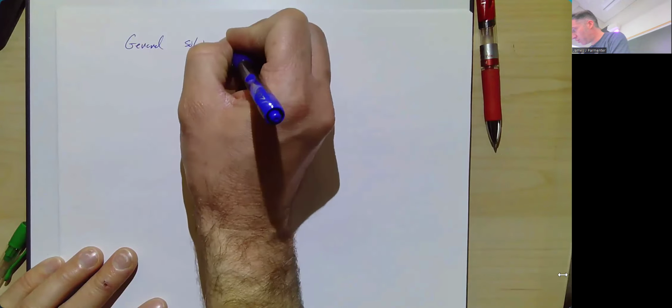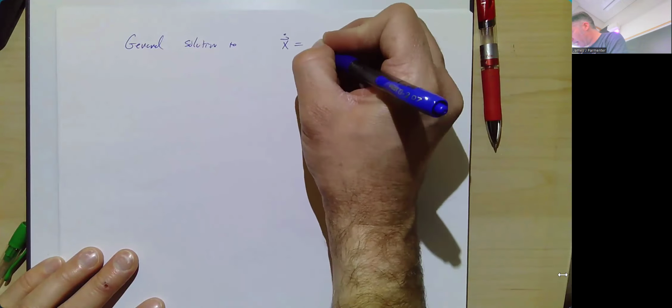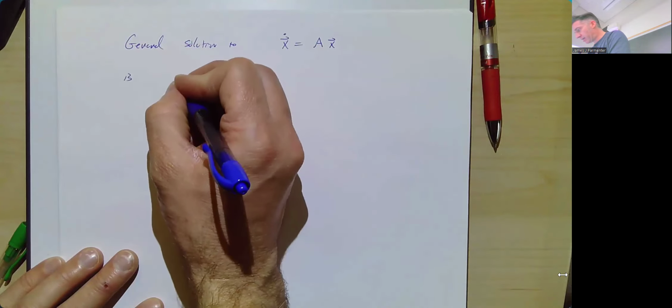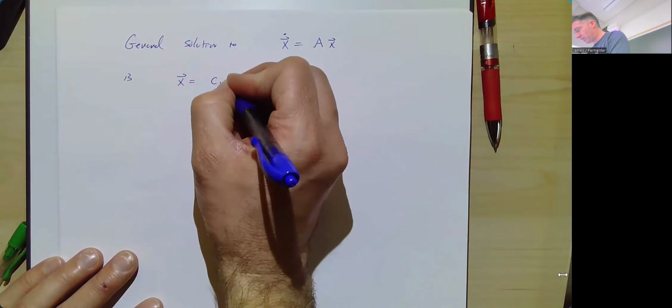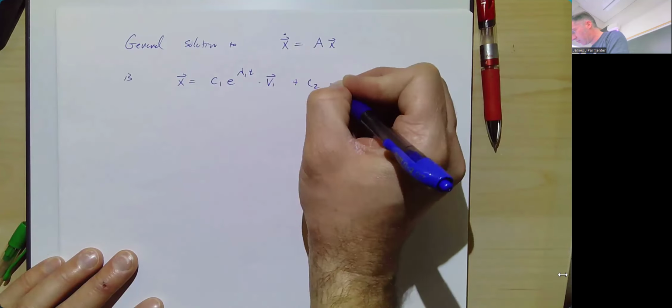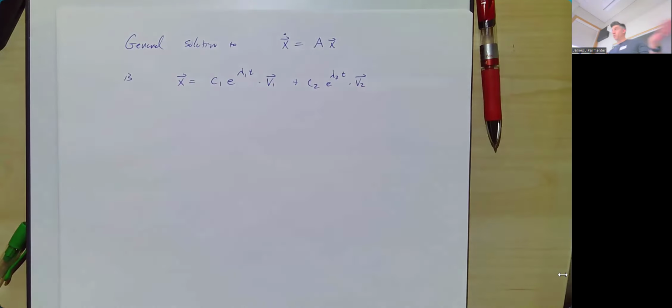So remember, I'll remind you all, the general solution to x dot equal to A times x is x equal to c1 e to the lambda 1 t times the first eigenvector plus c2 e to the lambda 2 t times the second eigenvector. That's your general solution. And it's true whether or not your eigenvalues are real or complex.